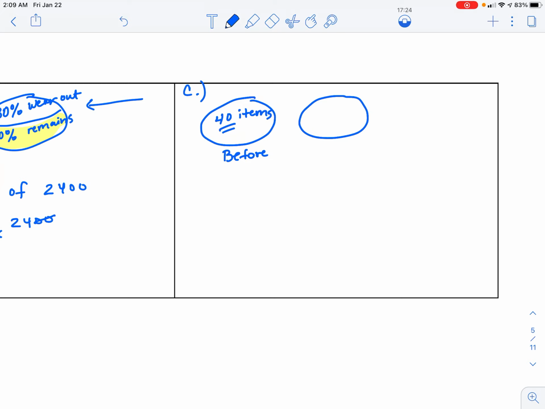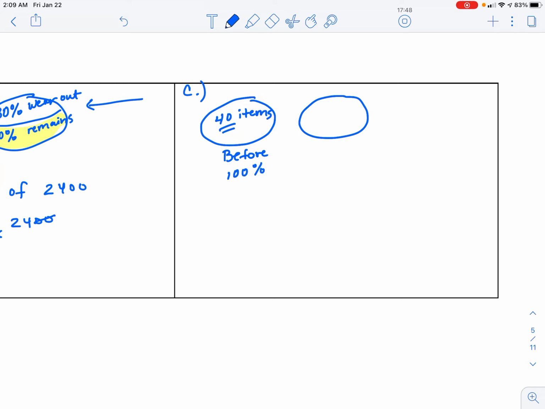Okay, so this number is going to increase 150%. So I want you to think about this with me. Those 40 items, that is 100% of the items. It's going to increase 150% above that 100%. What was their new total after Kathy's items were added?